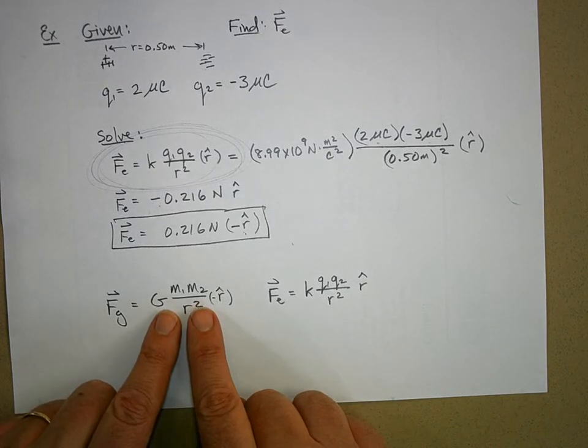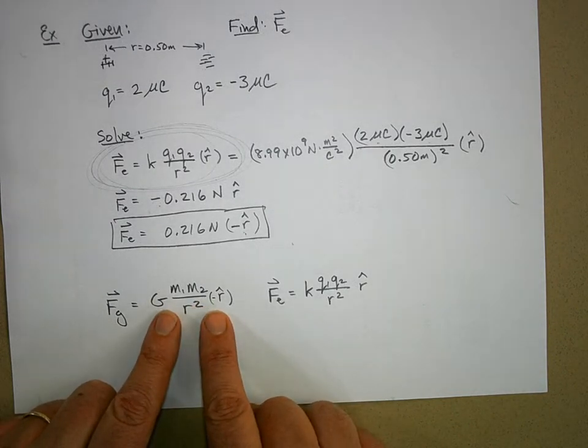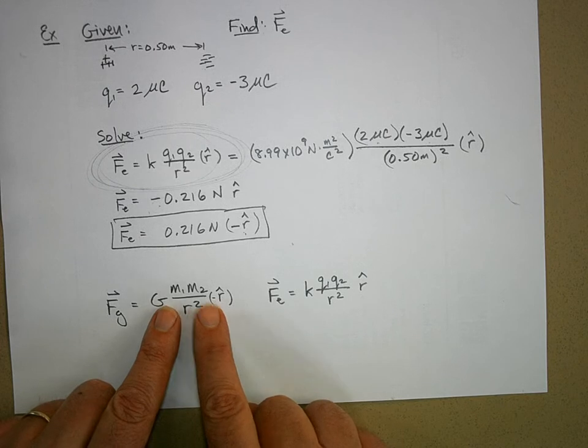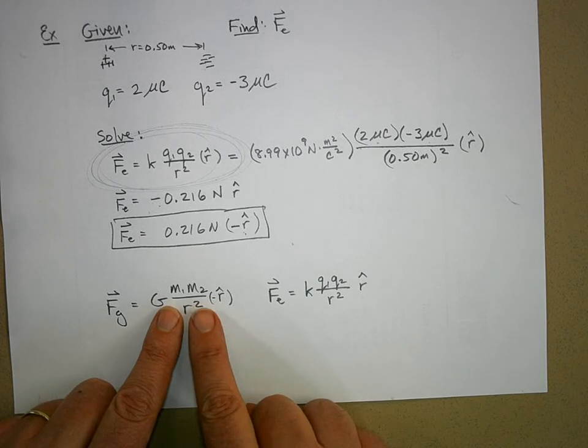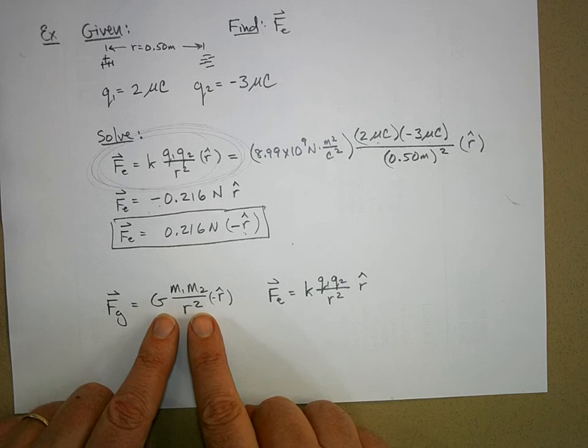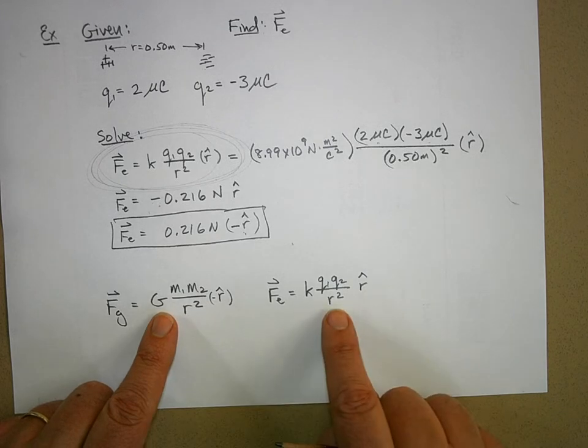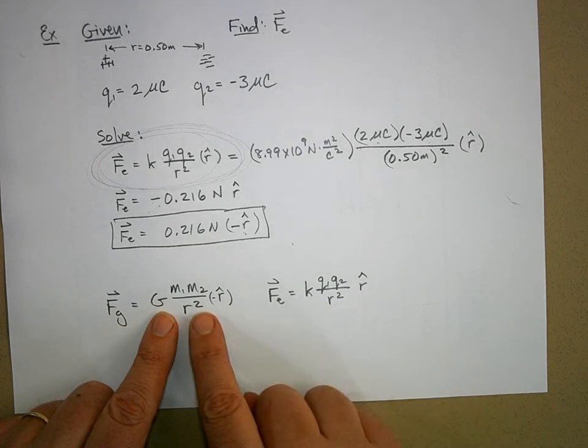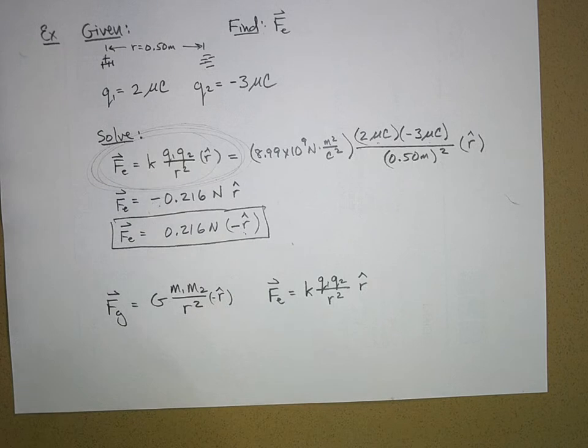That's why we have the negative with the r hat. Massive objects always attract. Gravity is different than electric force in that gravity is always attractive. There's no such thing as negative mass. Any massive object has a positive mass, and thus all massive objects attract other massive objects.